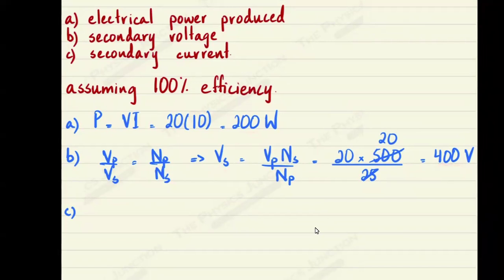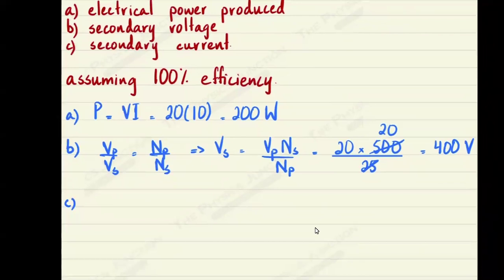But just so you guys understand how the equation would look for the currents, that's why I'm going to use that one. So let's say I write it like this. Is is what I need to find. Is over Ip, but for turns, because it's inversely proportional, that's going to flip. So that would be Np over Ns. I need Is, so let's make that the subject.